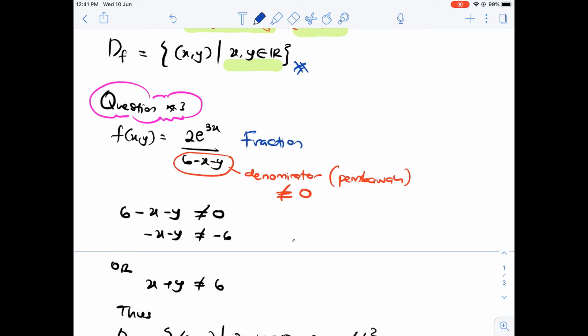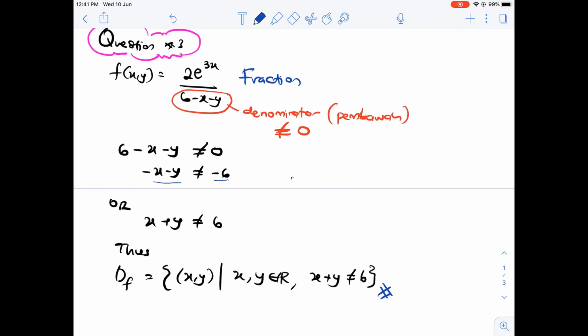Thus, what we should do is we need to write 6 minus x minus y cannot be equal to 0. Therefore, negative x minus y cannot be equal to negative 6. Or we can say that if we change the negative sign, we have x plus y cannot be equal to 6, like this.